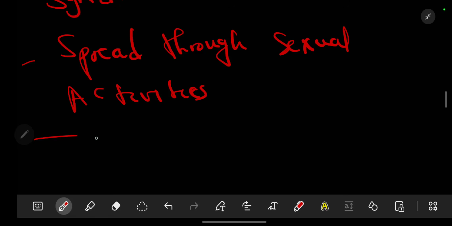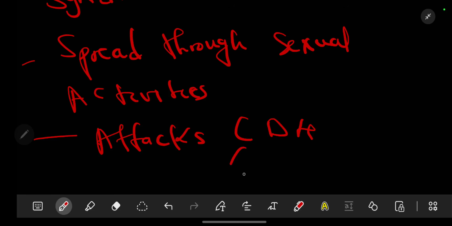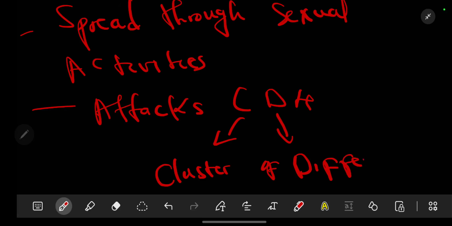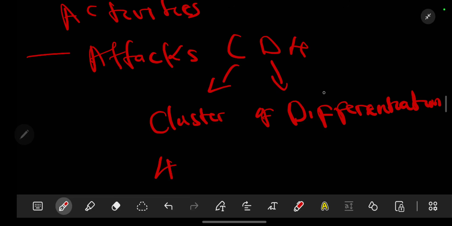So HIV also attacks what we are going to be calling the CD4. In case they bring multiple choice and they put the full meaning, you should know that it is a cluster of differentiation 4. So it attacks the CD4.